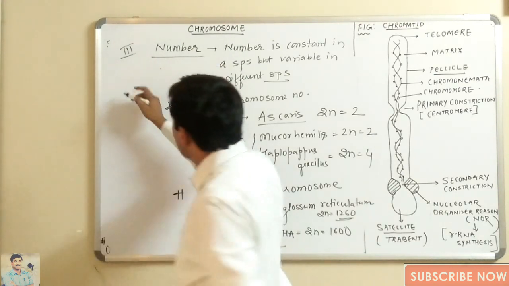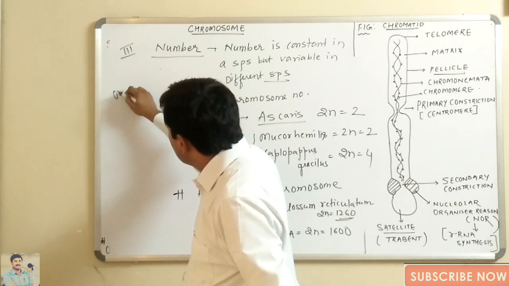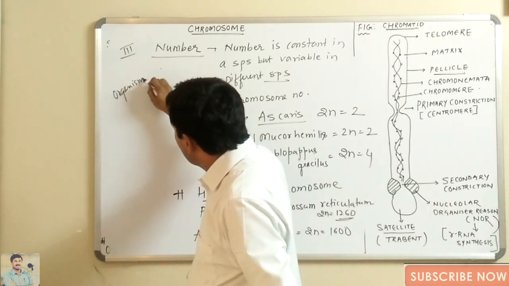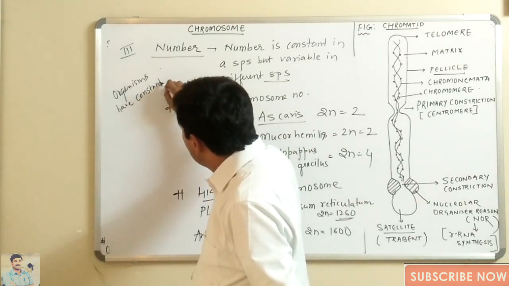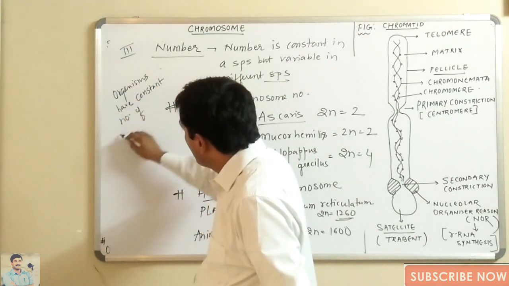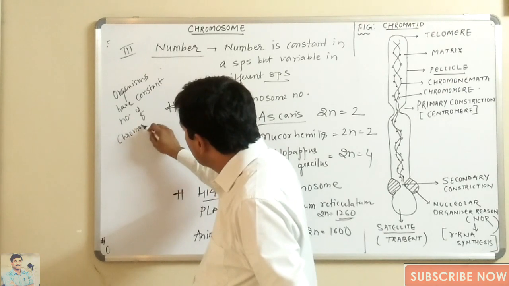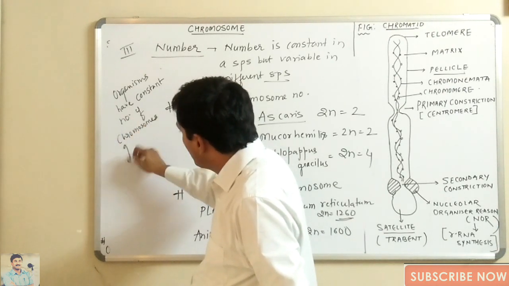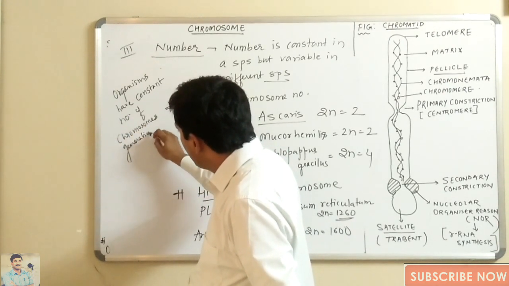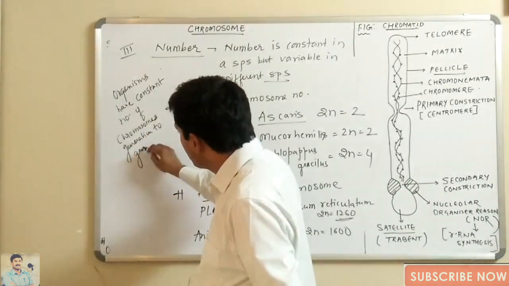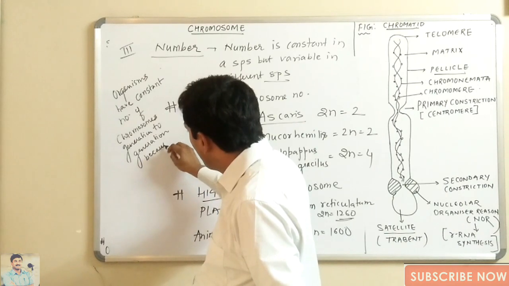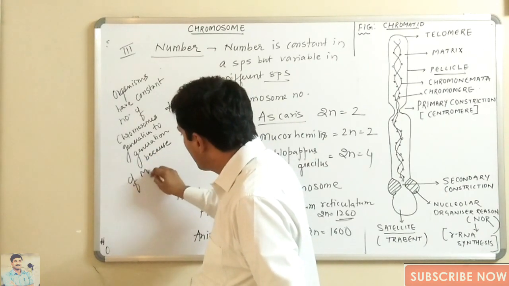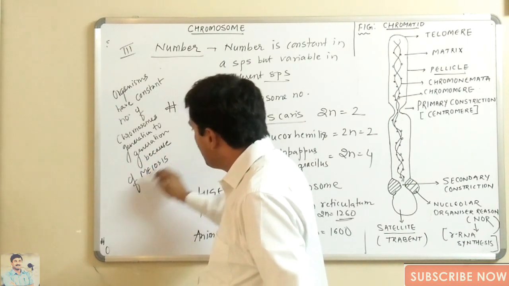Okay, and one more thing, that organisms have a constant number of chromosomes from generation to generation because of a cell division known as meiosis.